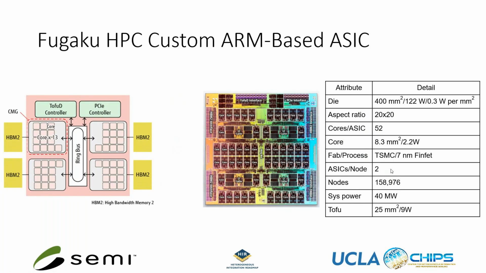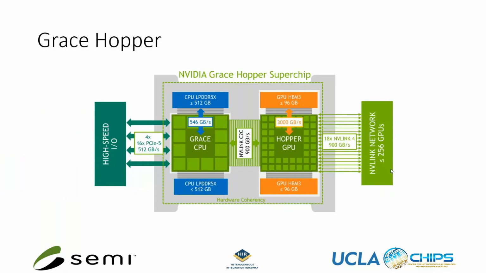Right. And the other one at the other end of the scale is this giant Grace Hopper GPU, the Grace Hopper superchip. This thing combines two chips which are already big into a monster package. What you notice here is the sheer amount of bandwidth between the dies, almost 8 terabits per second between the two CPUs.